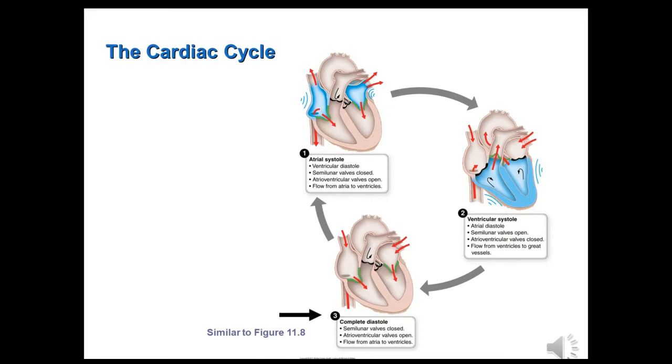Notice that while the ventricles are relaxed, the semilunar valves, those are the valves at the openings to the aorta and the pulmonary trunk, are closed, so we don't get backflow back down into the ventricles, right? And then eventually we go back to atrial systole. So this is a complete cardiac cycle.